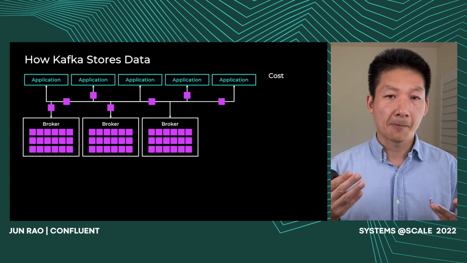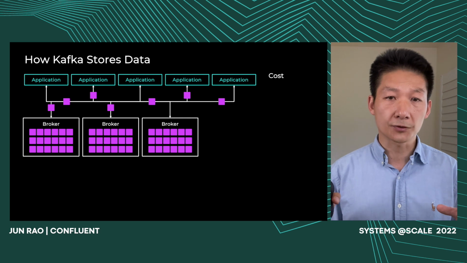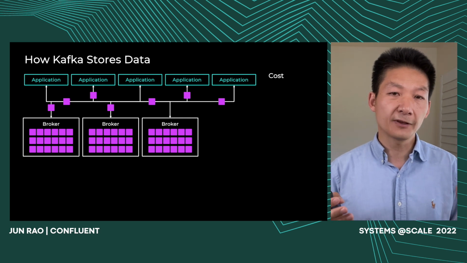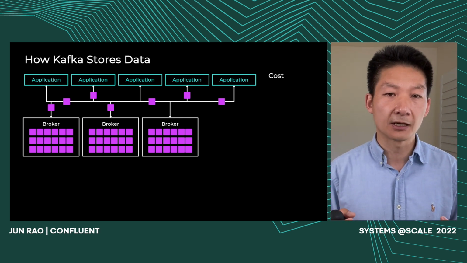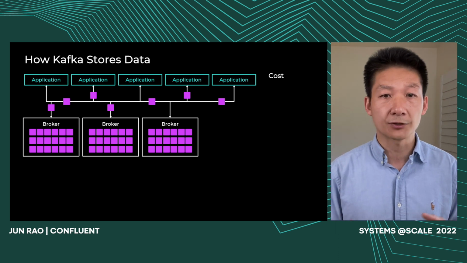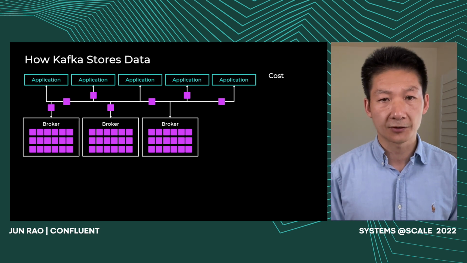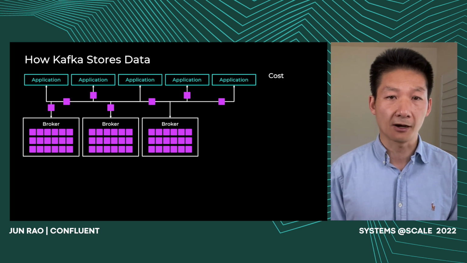So sometimes you have a large portion of historical data that also needs to be stored. If you only have one type of local storage, that means you often have to use some of the more performing but more expensive type of storage to store both the real-time data as well as historical data. So this will have implications on the cost.